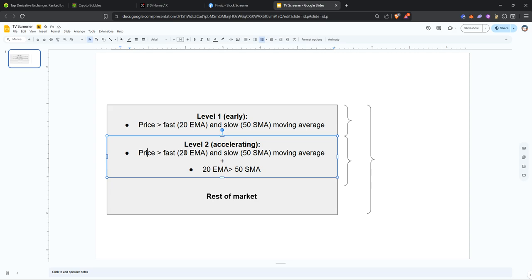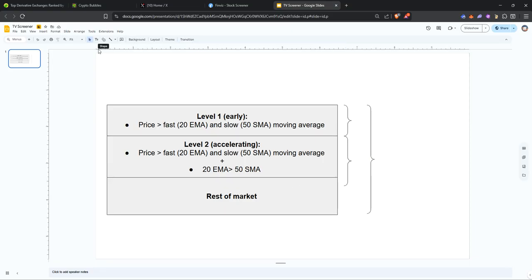This is price above both the fast and slow moving averages, so it's the same as level one, plus in addition to that, you've got the crossover, right? You've got the fast moving average crossing above the 50 SMA, which is the relatively slower moving average.